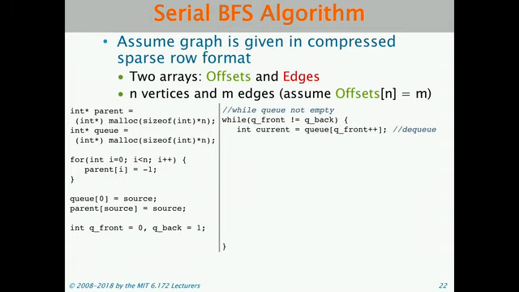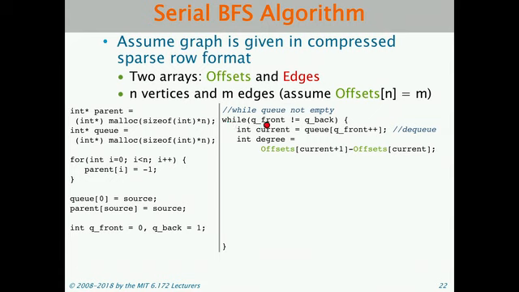While the queue is not empty, and I can check that by checking if queue front is not equal to queue back, I'm going to dequeue the first vertex in my queue. I'm going to set current to be that vertex, and then I'll increment queue front. Then I'll compute the degree of that vertex, which I can do by looking at the difference between consecutive offsets.